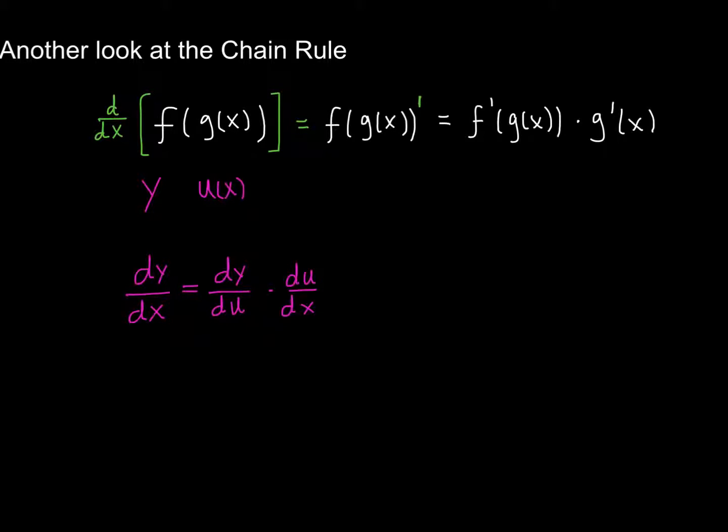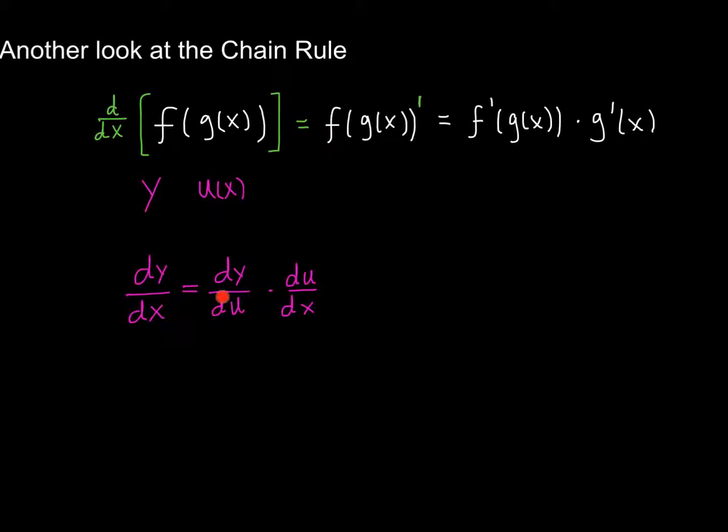Now, the cool thing about representing the chain rule in this way is we can sort of view the derivatives as these fractions. Now, that's not totally mathematically correct. There's some nuance there that means they don't behave exactly like fractions, but for our purposes, this is pretty clear here, right?